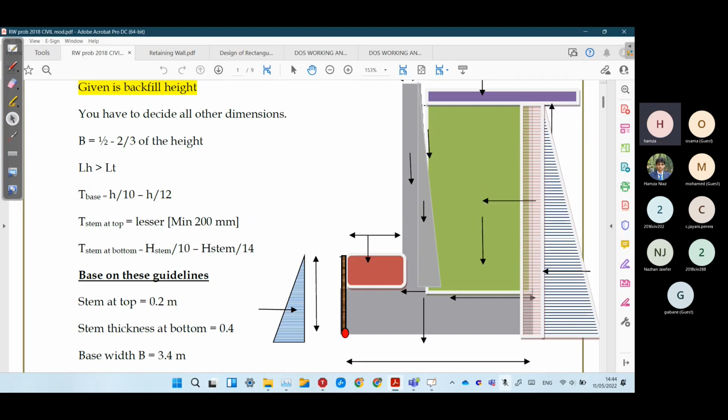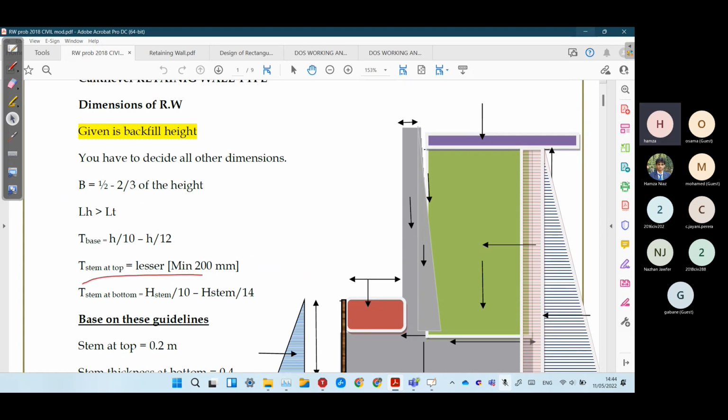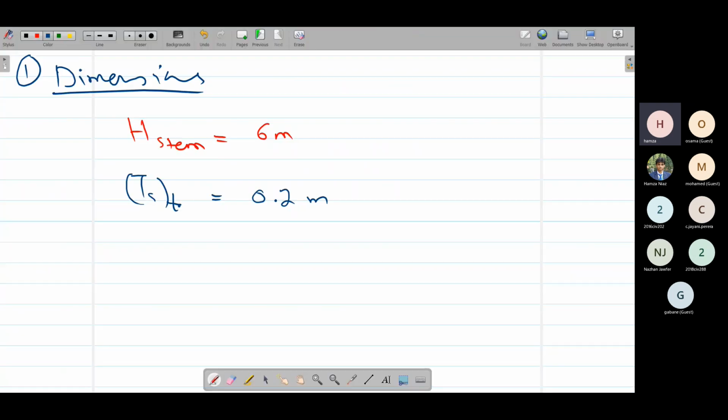The stem at top should be of minimum 200 millimeter. Actually, we can reduce this to zero because we know that there is no bending moment or shear force at the top. But due to some factor of safety, we have to at least provide 200 millimeters, or 0.2 meters, of thickness at the top. So this is our guideline.